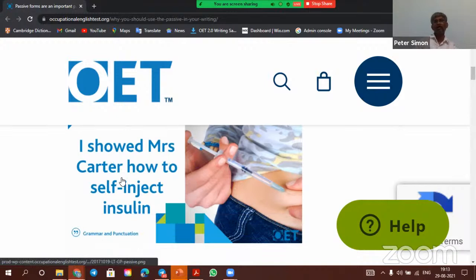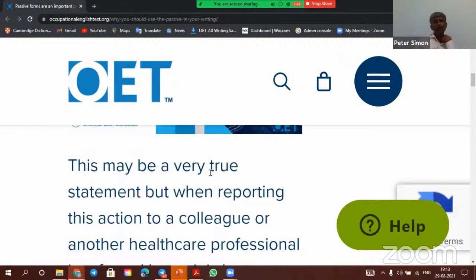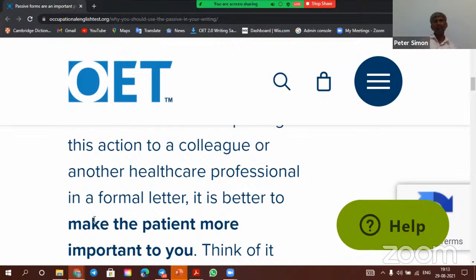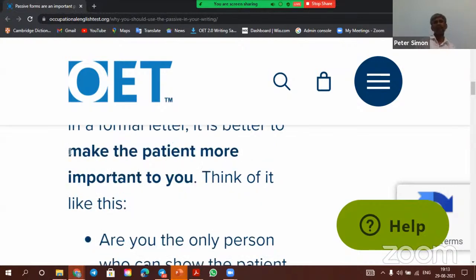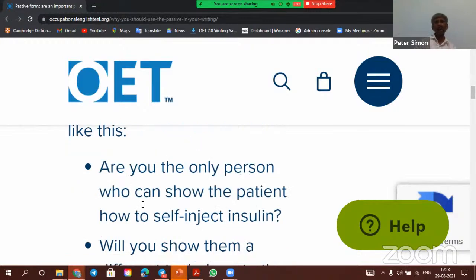I showed Mrs. Carter how to self-inject insulin. This may be a very true statement, but when reporting the action to a colleague or another healthcare professional in a formal letter, it is better to make the patient more important. Why are you giving yourself importance? See the bold letters. Are you the only person who can show the patient how to self-inject insulin? No, even somebody else can show.